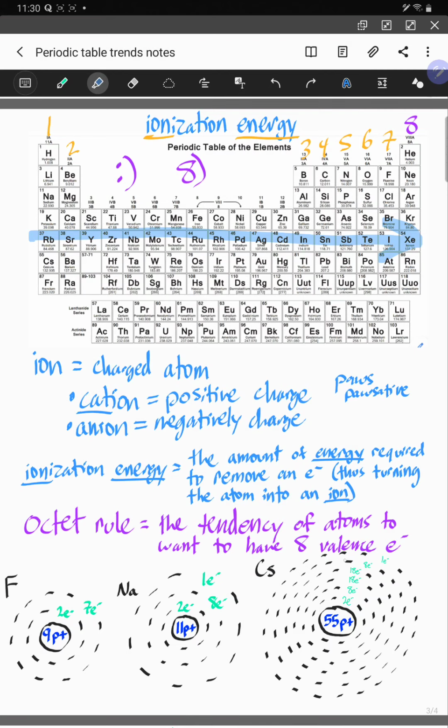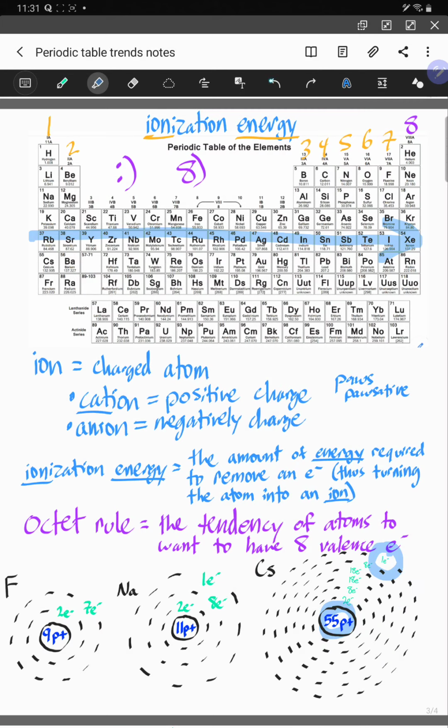So we actually have this shielding effect here, to where the electrons in the inner shells are going to shield that outermost electron from being able to be fully attracted to the nucleus. So the electron shielding that's going on there is going to block this outermost electron from being fully attracted to that nucleus. They're actually going to help push away the electron. And because of that, not only is this electron going to be less strongly attracted to the nucleus because it's further away, but also we have the effect of the inner electrons pushing it away.